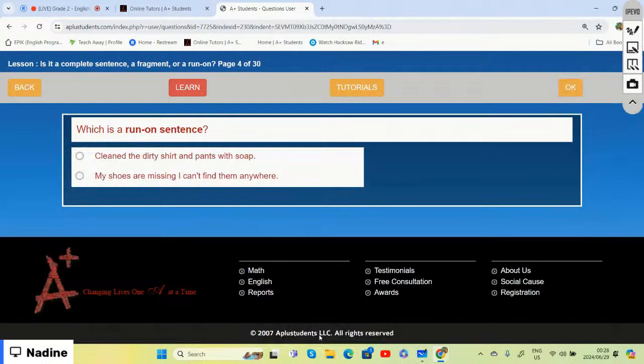Which is a run on sentence? Is it clean the dirty shirt and pants with soap, or my shoes are missing, I can't find them anyway.